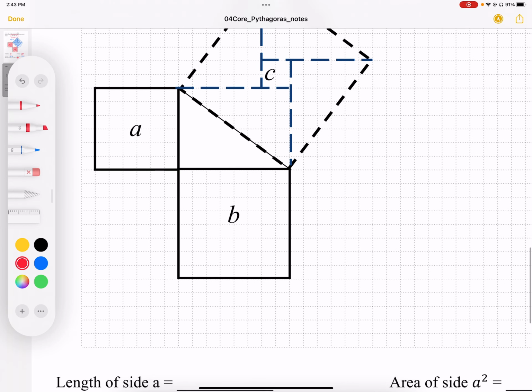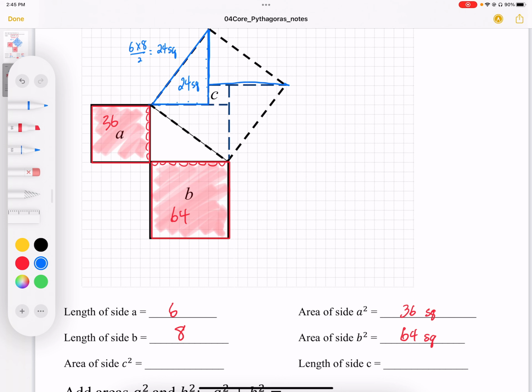Okay, type that into your calculator, and you should see that you end up with 24 squares. And we know that each one of these triangles is going to be a 6 by 8 triangle, so they're all going to have the same area of 24.